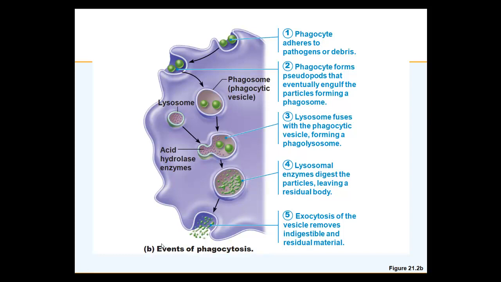This is true for the neutrophils, but for the macrophages, we're going to add something else, as we will realize later on, and it's a very, very important part of your immune defense system, something we call antigen presentation. Now, the macrophages and the B lymphocytes are capable of antigen presentation.